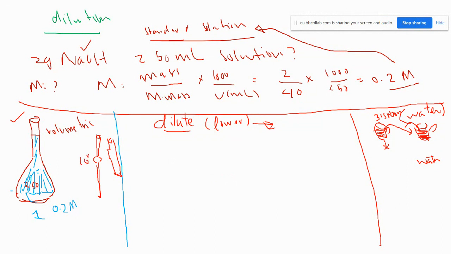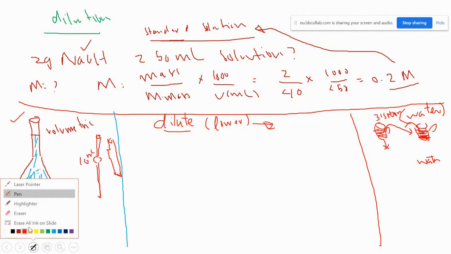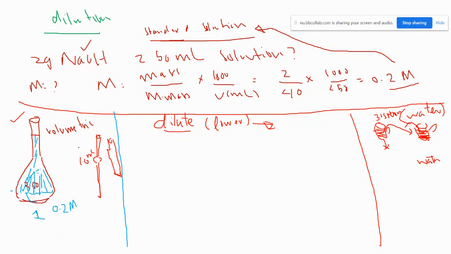Suppose this is 10 ml. You will take 10 ml, but you will take another flask. You want to find the volumetric flask now. Okay, I did not find 250 ml, I found only 100 ml. That's good, no problem.